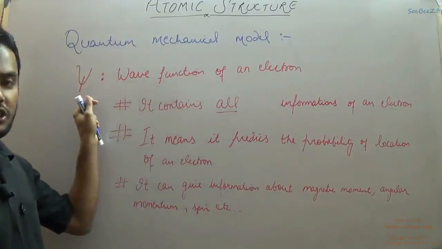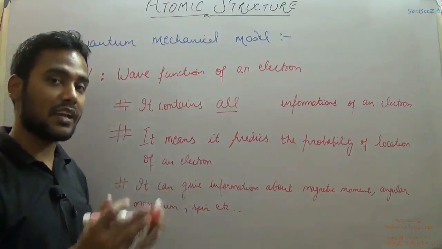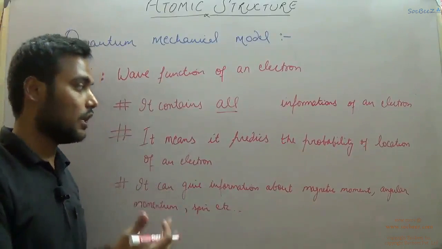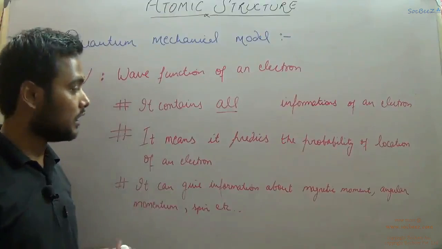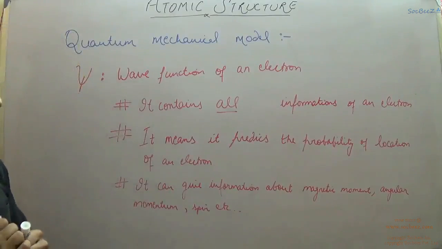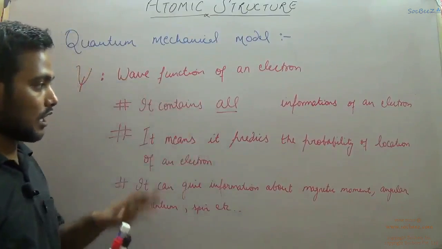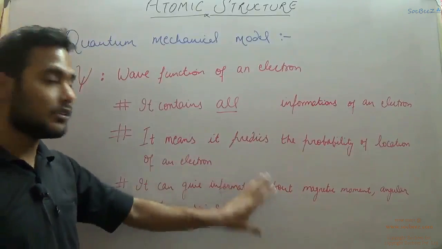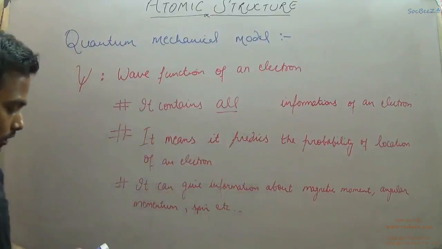So wave function has many solutions. This Schrodinger equation has many solutions for wave functions. So each solution corresponds to one particular property of an electron. Since I want to elaborate, I have written these 2 points separately. It contains all information of an electron, fine, okay.